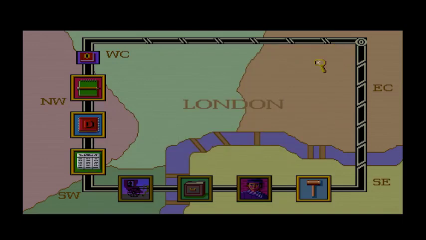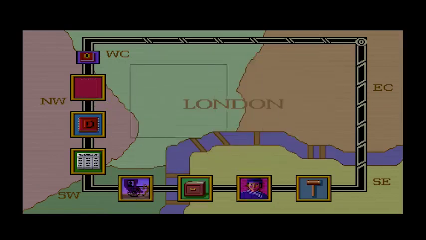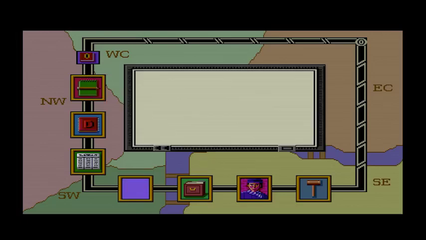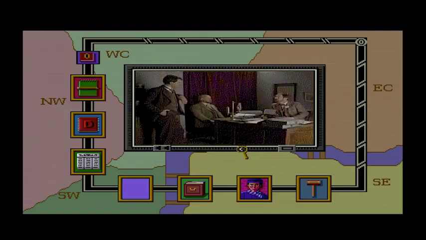You must visit the following to solve this case. Okay. So I do believe that I have visited Henry Ellis. Let's just do that again, though, just to make sure. I can never be sure. Yes, I've seen him. It's quite amusing, all this hoopla over a mummy's coat. Boom.